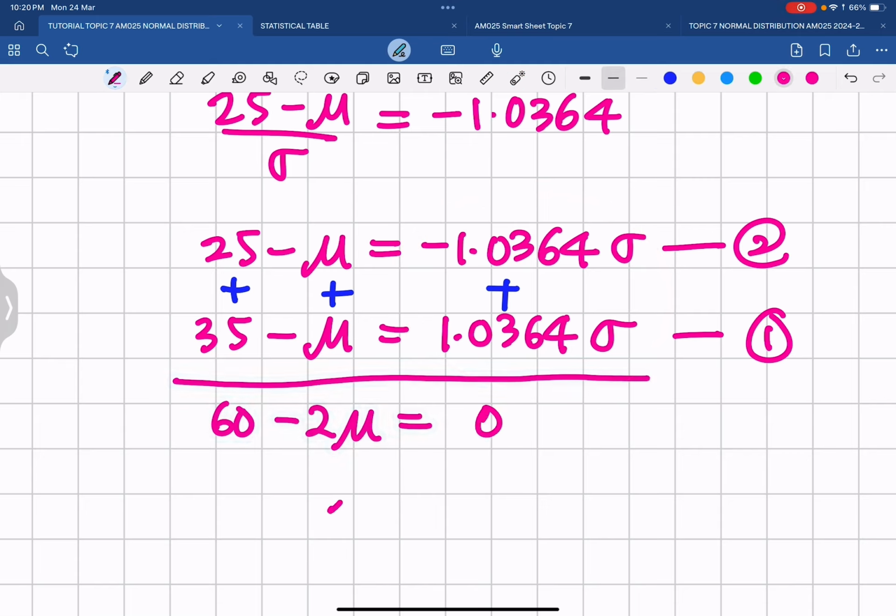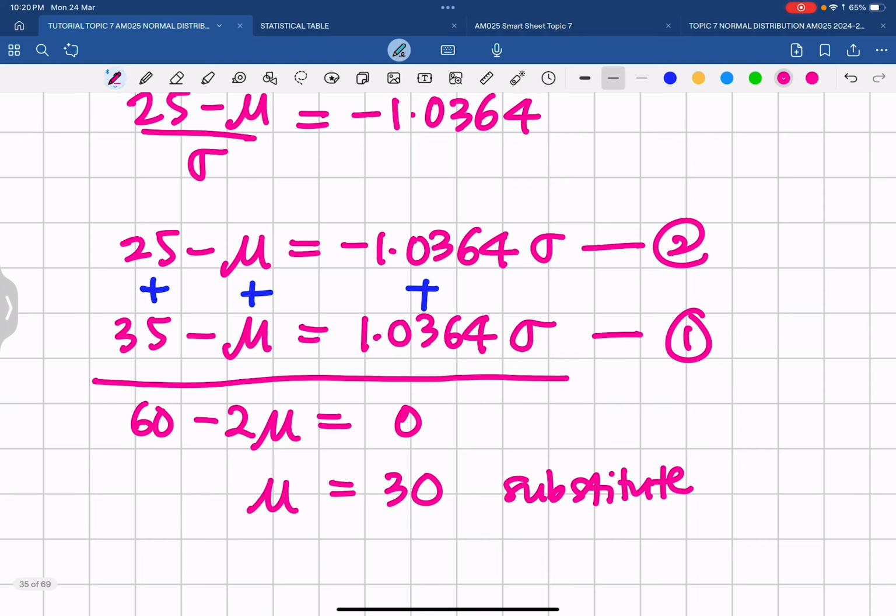So we get mean equals 30. Now let us substitute into either the first or the second equation. You are going to get the same answer for the standard deviation. I'm going to choose the first equation.